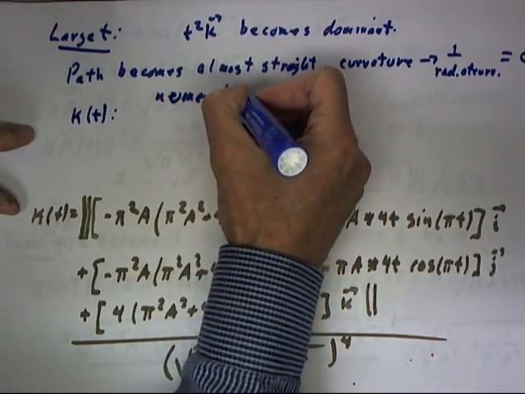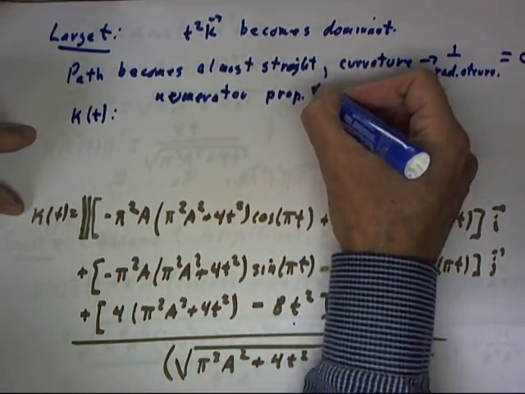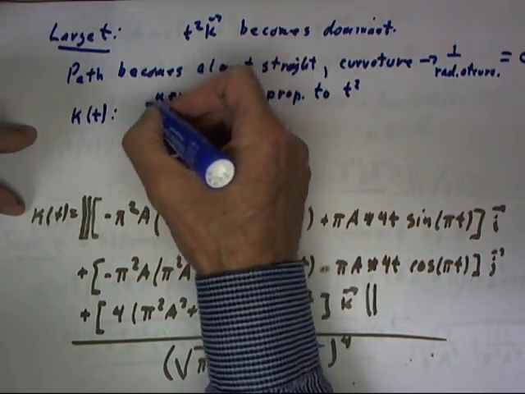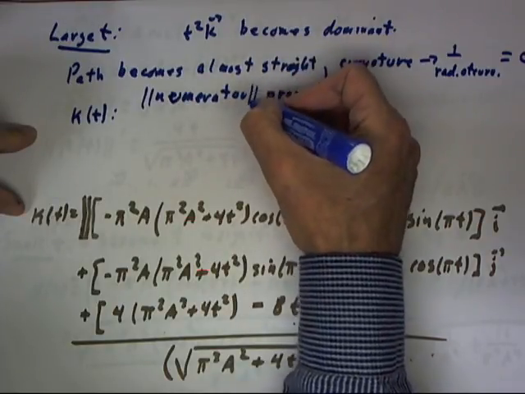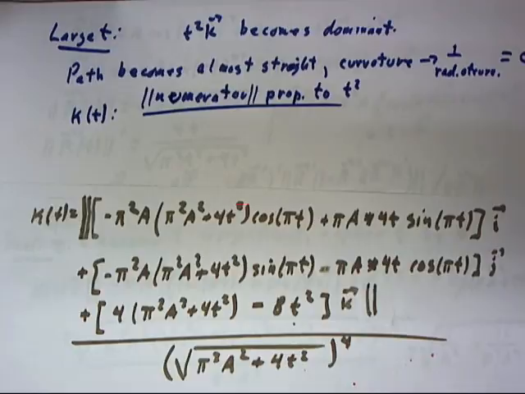The magnitude of the numerator is proportional to t squared. The denominator is going to be proportional to the square of t squared.